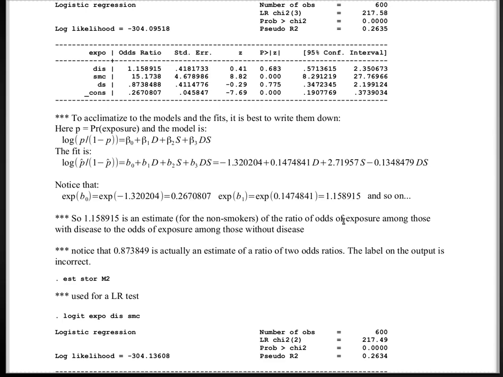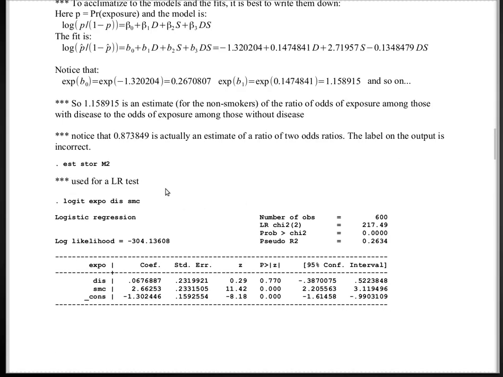Okay, now let's look at a logistic regression without beta 3. So now we'll have exposure, disease, and smoking status. So that is what we called Model 3.